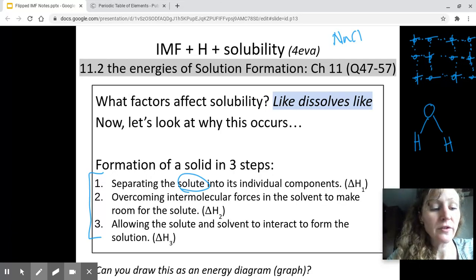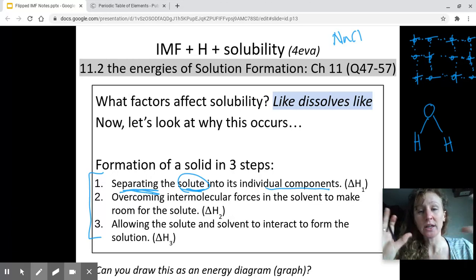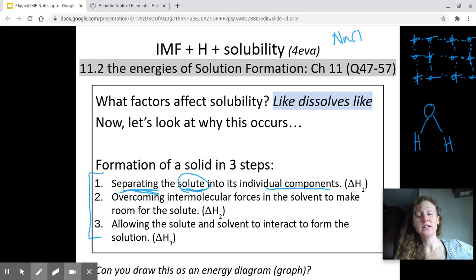And so the first piece of energy that we really have to take into account here is separating the solute into its individual components. So if we're taking our solute, our lattice of sodium ions and chloride ions, and we're going to separate them into individual components, individual sodium ions, individual chloride ions, is that going to take energy or release energy?